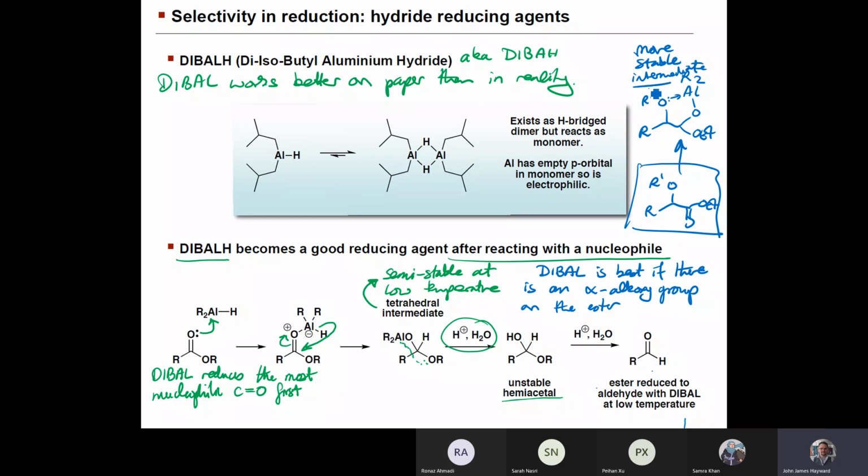So there's a more stable intermediate. Just going to redraw that slightly so it's not looking quite so ugly. There we go. So we have a more stable intermediate when there is this alpha alkoxy group.